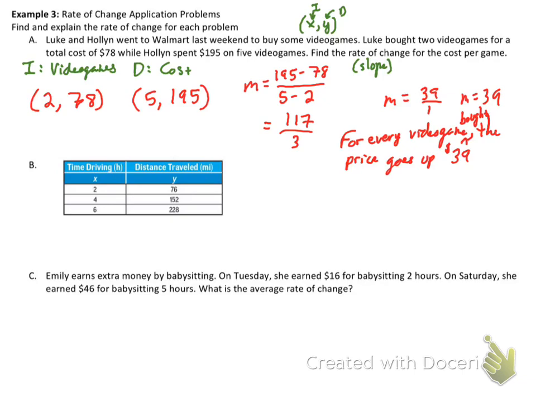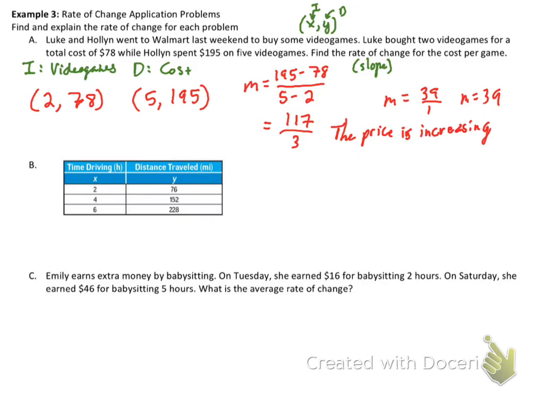Actually, sorry, I'm going to erase that explanation. It's very similar, just there's a better way to explain it. So we got our slope to be $39. What that means is the price of the video game is increasing because our slope is positive.